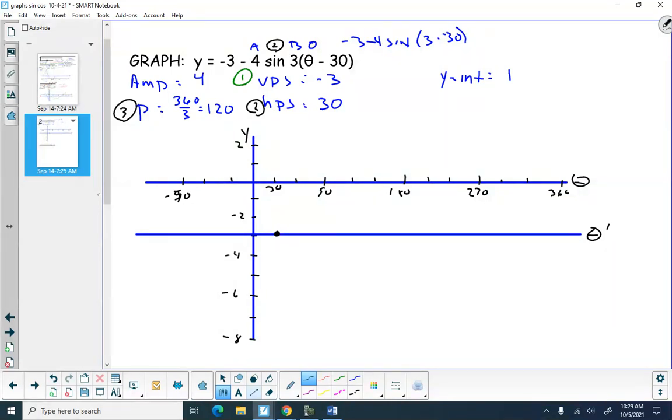At what theta measure will we be on the prime axis again, Brandon? 150. So 150 will be on the prime axis again.